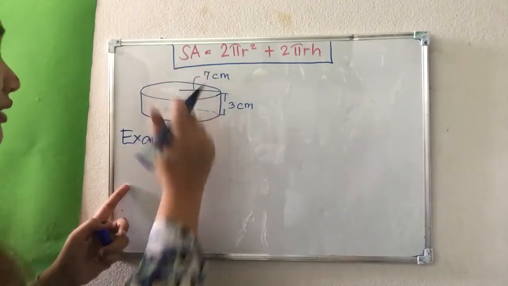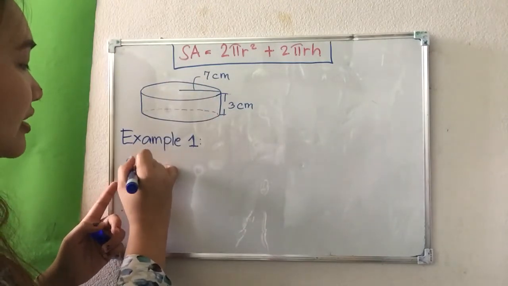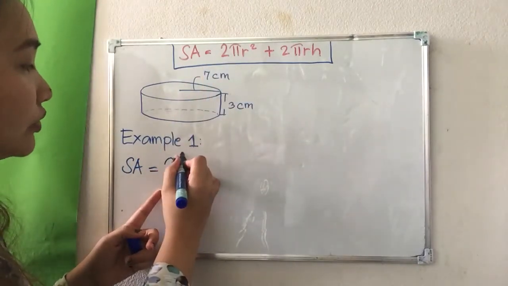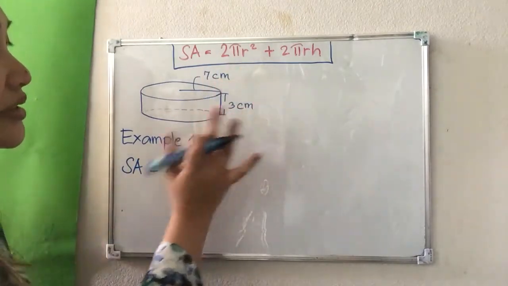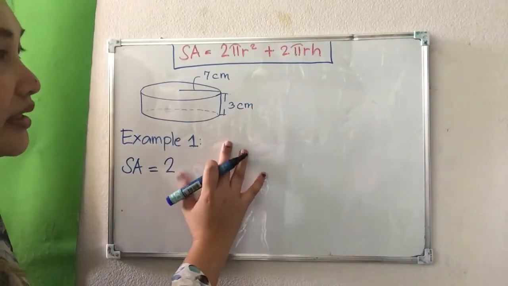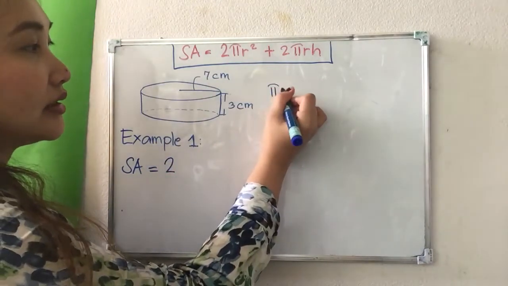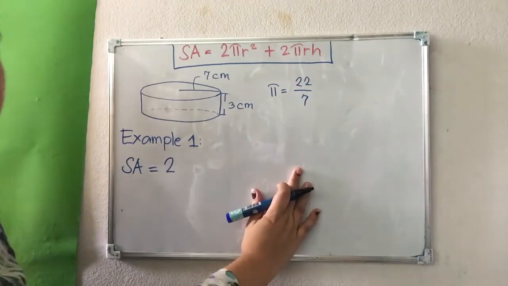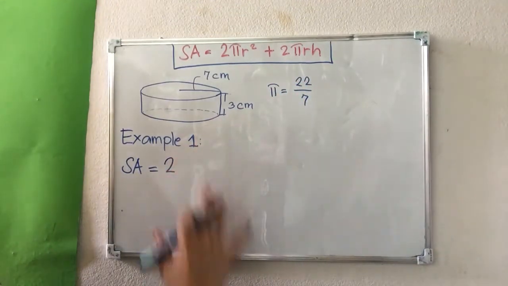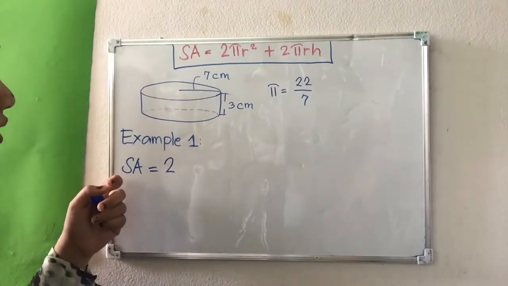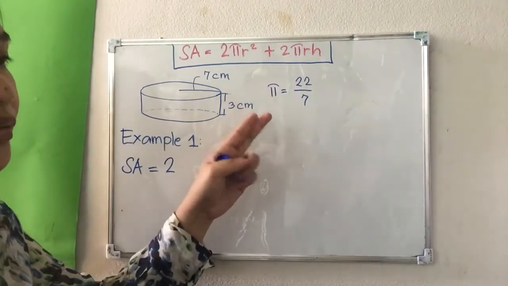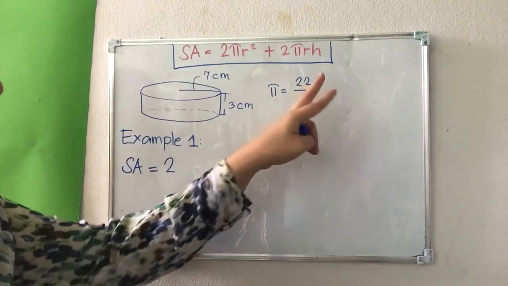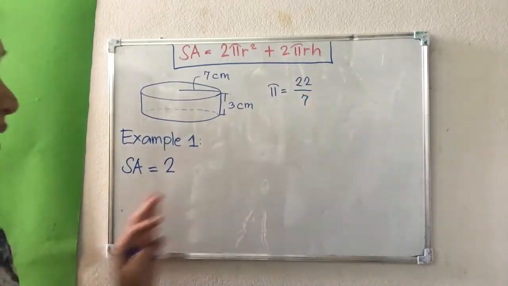Let's start. The surface area is equal to 2 pi. Let's use pi equal to 22 over 7 for this example only. Although you can use 3.14, for this one I like to use 22 over 7.